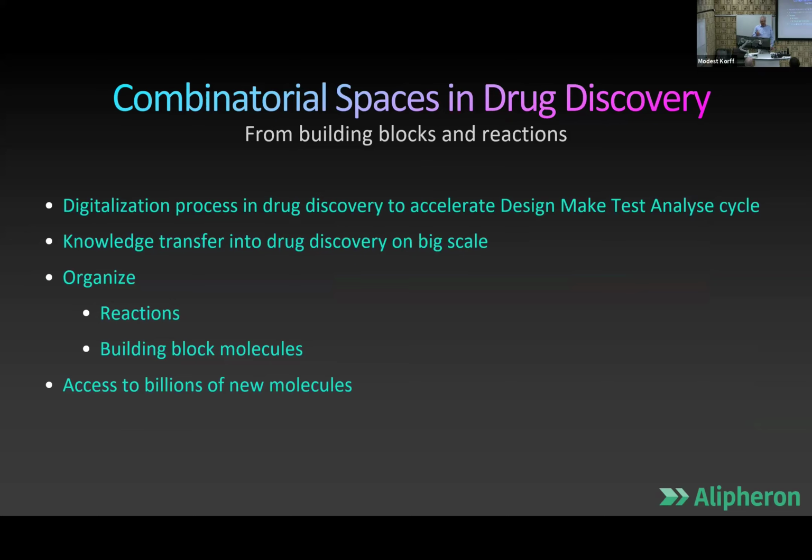They organize reactions and they organize building blocks. And this organization, as I have just shown you before, gives access to billions of new molecules. Now we are able to have billions of molecules in the computer, not enumerated, but as a combinatorial library.